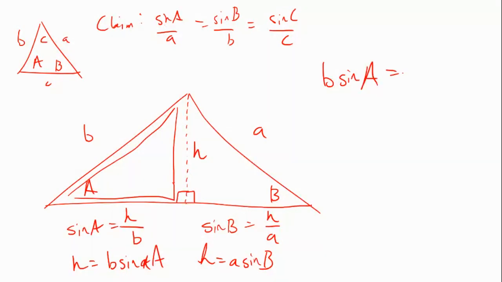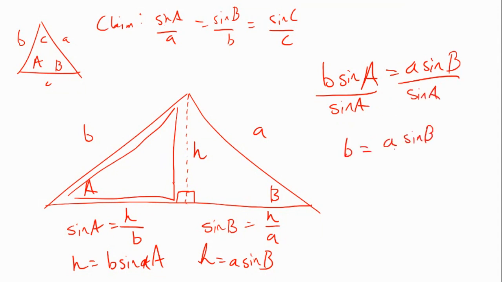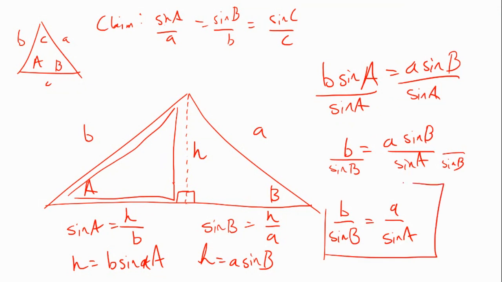B times the sine of A is equal to A times the sine of B. If I divide both sides by sine A, we end up at B is equal to A times the sine of B over the sine of A. And now I'm going to divide both sides by the sine of B. And there we have it. B over sine B is equal to A over sine A.